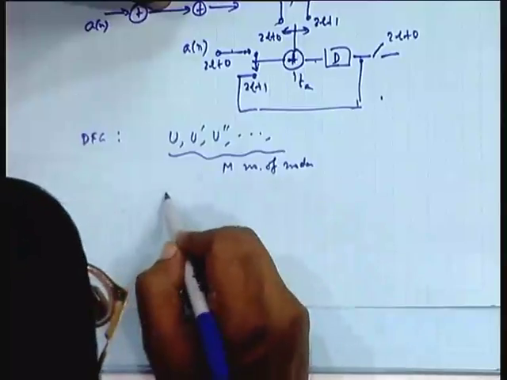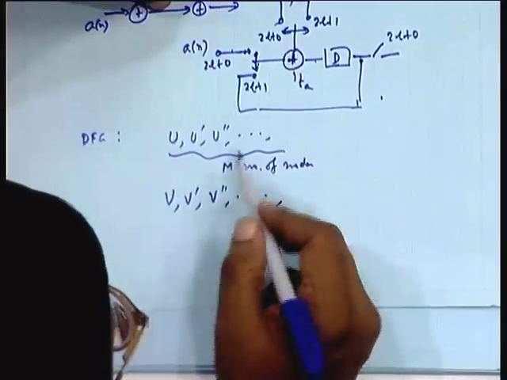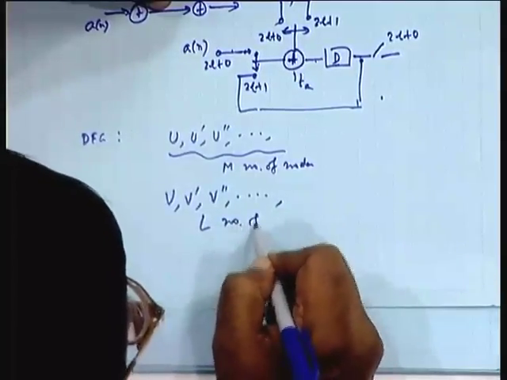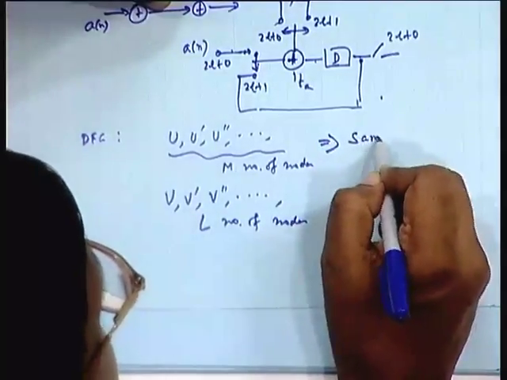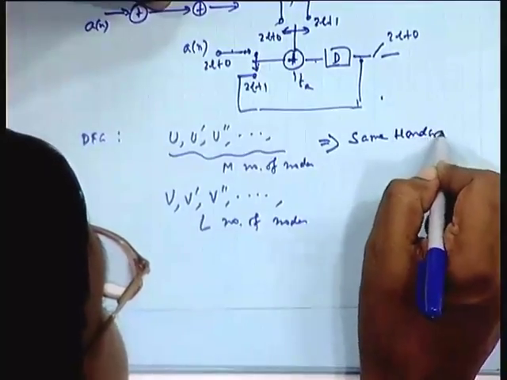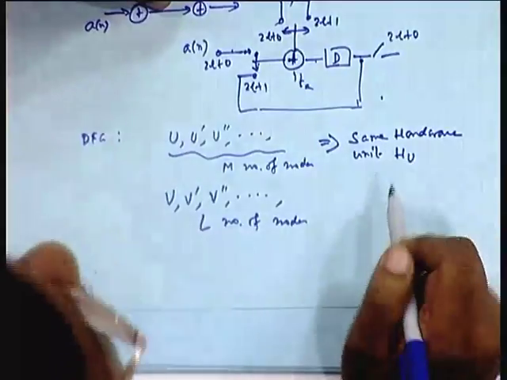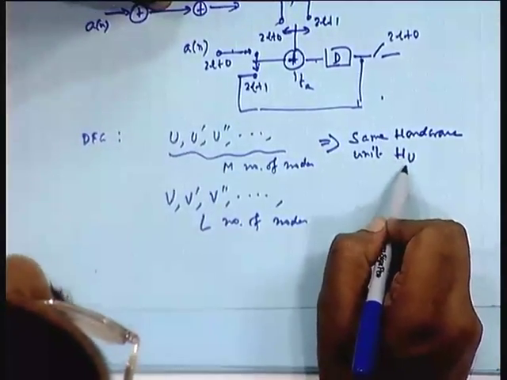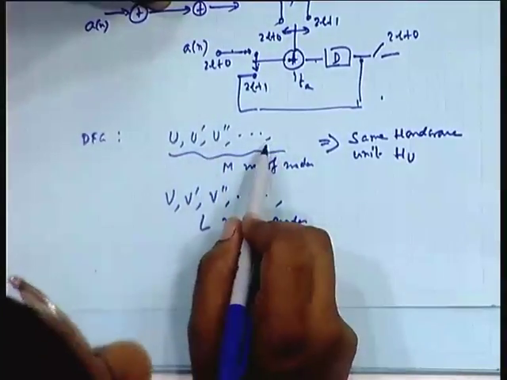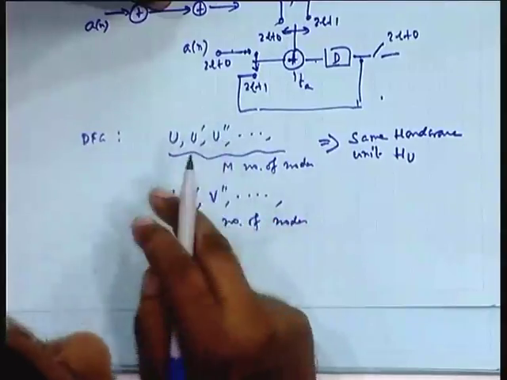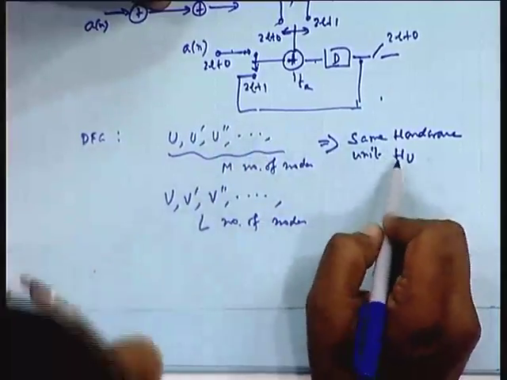Again, say another set of nodes V, V prime, V double prime, dot dot dot, say L number of nodes. Their physical operation is the same hardware unit. I denote it by HU, H for hardware, that is the hardware unit of the type U, because all the nodes are either U or U prime or U double prime, that is the U category. So for all these U category nodes which have the same operation, say adder, instead of calling it adder I call it HU.